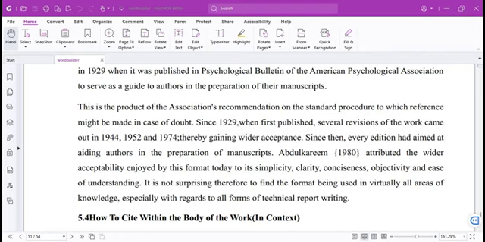Abdul Karim, 1980, attributed the wider acceptability enjoyed by this format today to its simplicity, clarity, conciseness, objectivity, and ease of understanding. It is not surprising, therefore, to find the format being used in virtually all areas of knowledge, especially with regards to all forms of technical report writing.